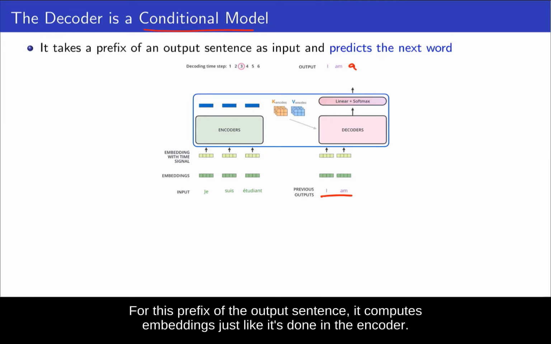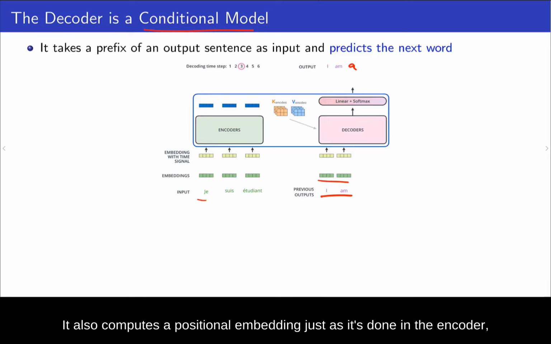For this prefix of the output sentence, it computes embeddings, just like is done in the encoder. It also computes a positional embedding, just as is done in the encoder, and then feeds the resulting information into the first self-attention layer.